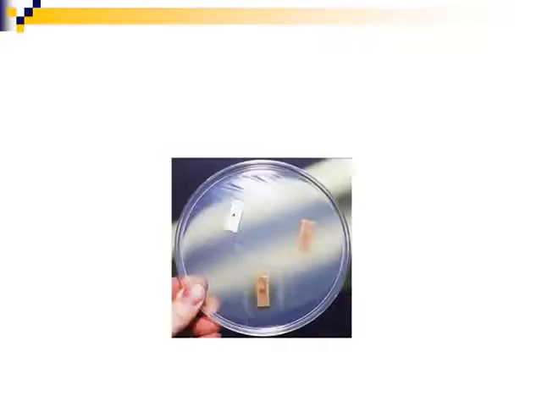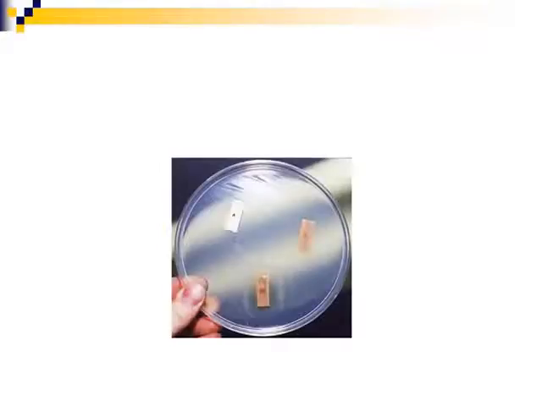Usually you buy them in a disc. These are strips where you have your filter paper material that's impregnated with either the V factor or the X factor or both X and V. And you'd make a lawn of your organism and drop your X disc, your V disc, and your X and V disc, and you can see where the organism grows.